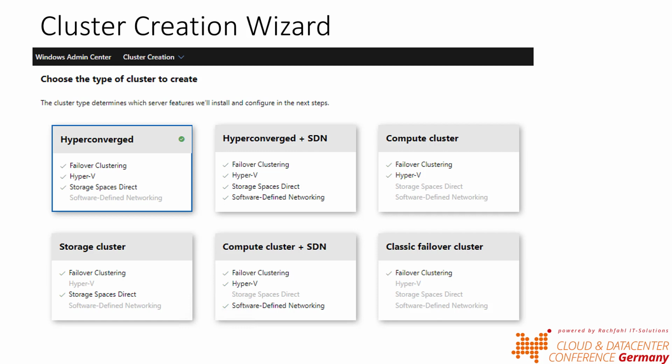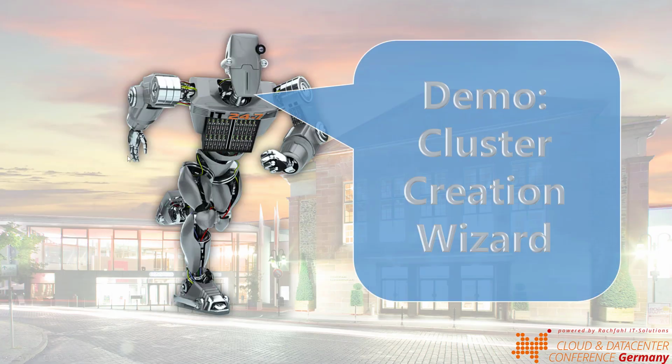You can also install a Hyper-V compute cluster, only Hyper-V and failover clustering, a storage cluster with Storage Spaces Direct, and a standard Hyper-V cluster with software-defined networking. And we have the classic failover cluster where we just install failover clustering. But we will look, of course, into the hyperconverged scenario, and without further ado, we just jump into the demo.